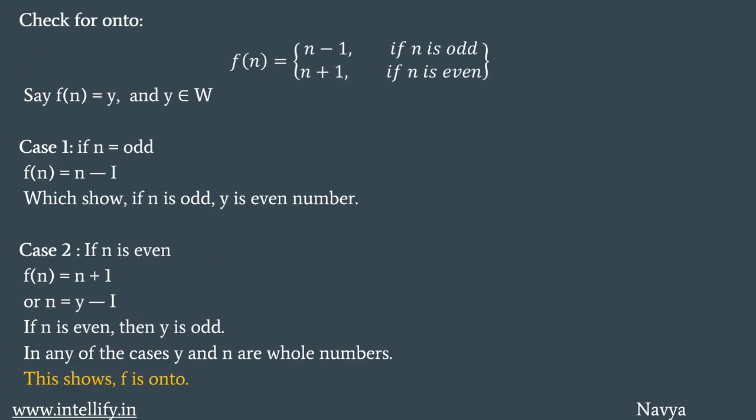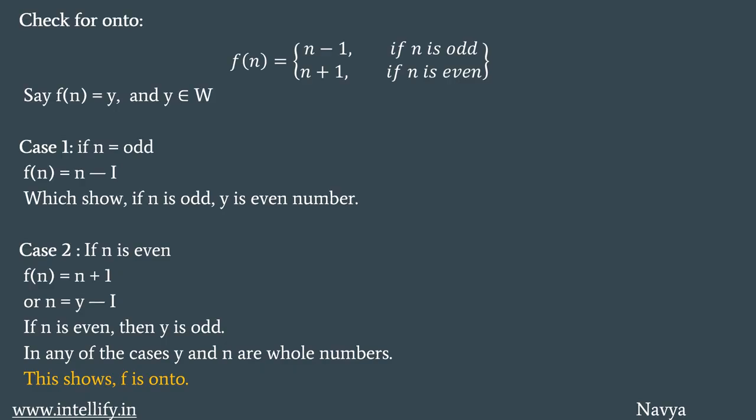Now we will check for onto. So f(n) = n - 1 if n is odd and n + 1 if n is even. So say f(n) = y and y belongs to W. So case 1 will be if n is odd.